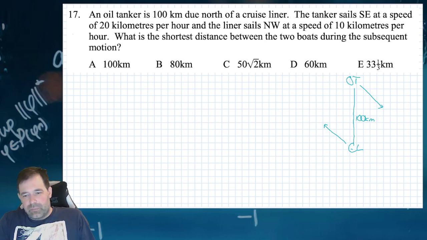There'll be a point where the perpendicular distance between their two paths, so it'll be probably something like that, and think perpendicular, that will be the shortest distance, I think.